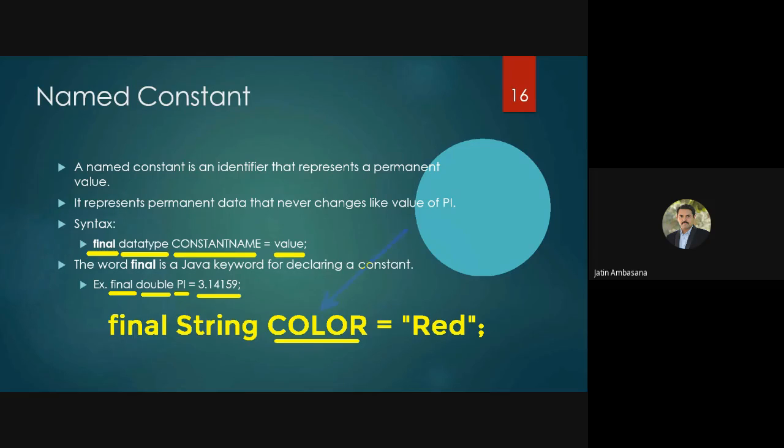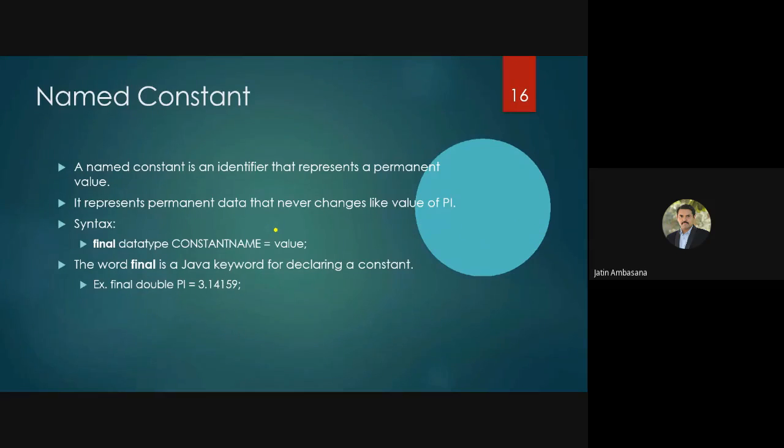Why is this identifier given in capital letters? Because it is a constant. A constant should be declared using full capital letters for the whole name, because it represents a permanent value that is never changing.